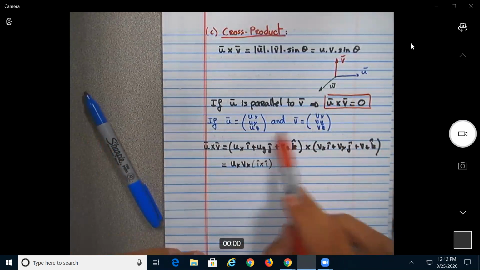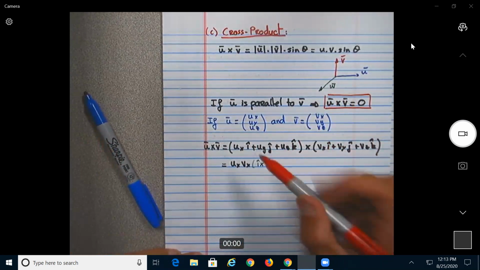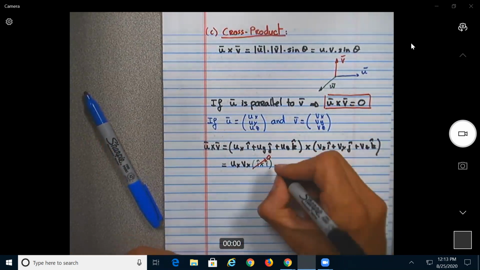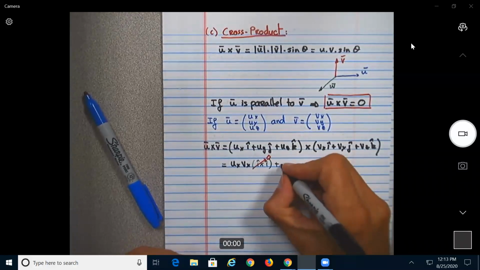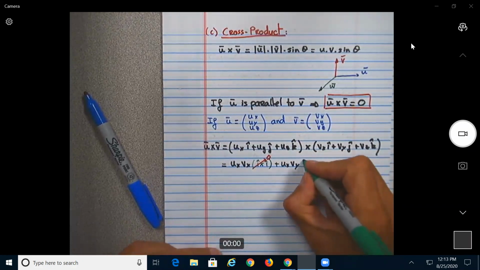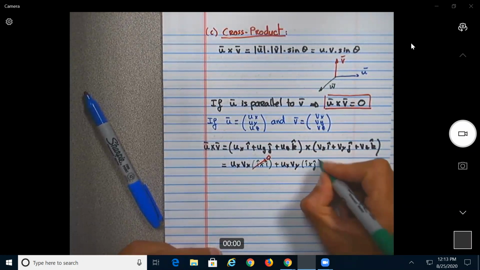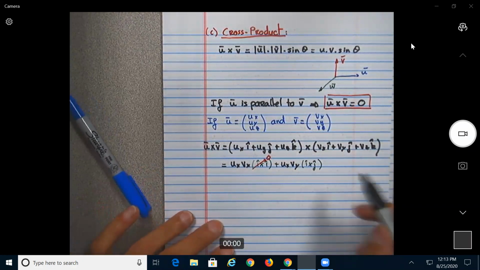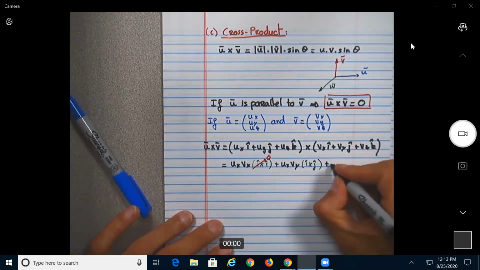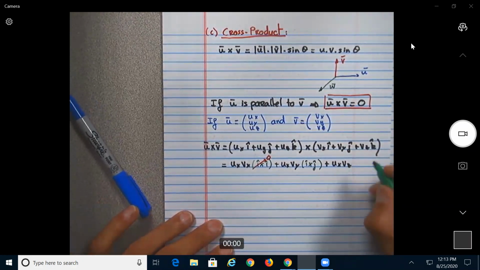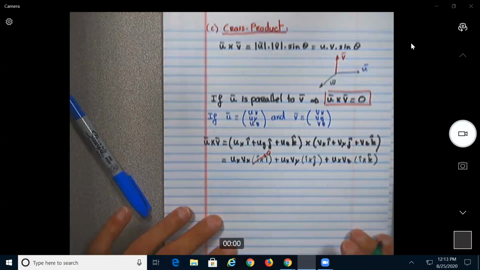I is parallel, no? They are collinear, so that means that this term will be equal to 0, okay? Plus, let's do the second one, Ux Vy, so this will be I cross J. So let me finish this line and then we look at what this is equal to, plus Ux Vz times I cross K, okay?